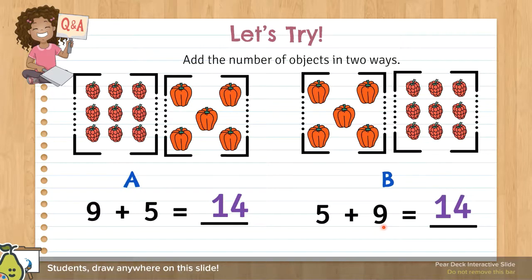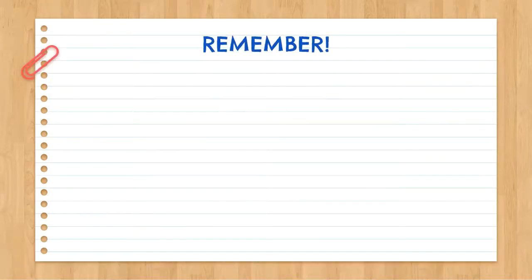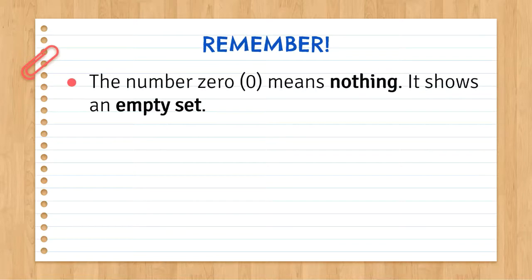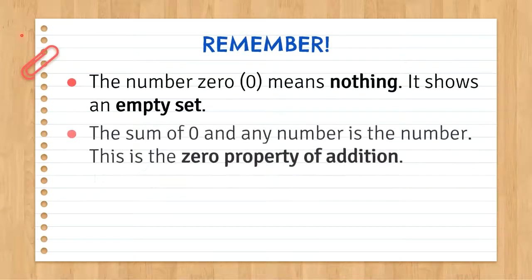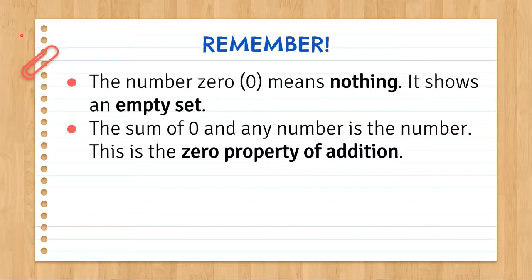Very good, children. Now you know and recall what is zero property and order property of addition. But you have to remember that the number 0 means nothing. It shows an empty set. And the sum of 0 and any number is the number.